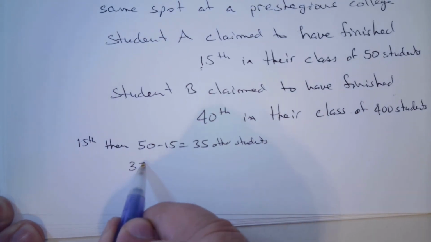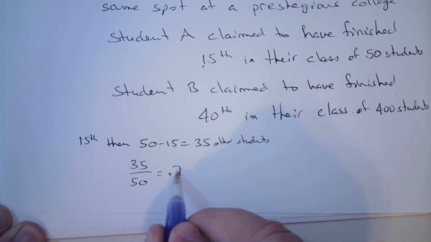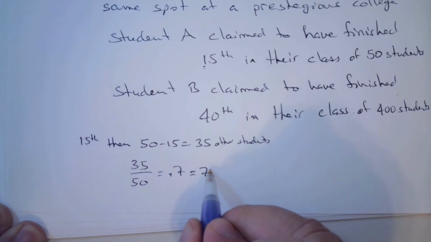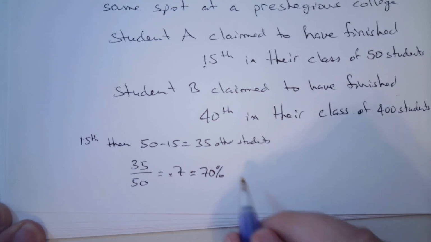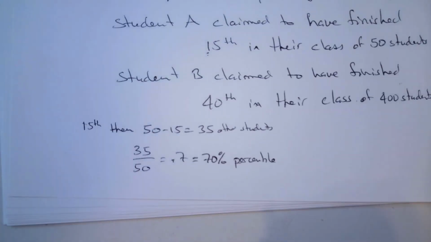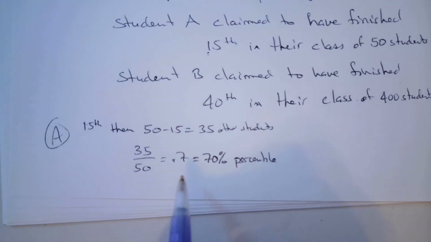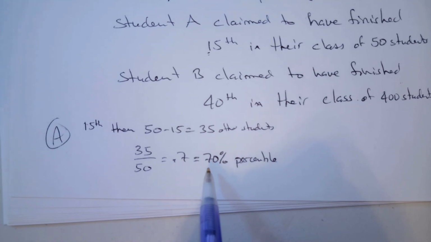So 35 over 50 gives us 0.7, or 70th percentile. In other words, student A graduated higher than 70% of her class.